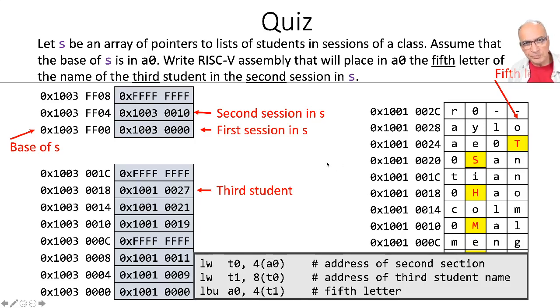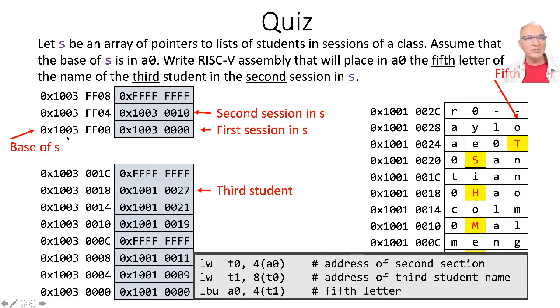This is just a quick exercise for you to understand how you can use the displacement to access different positions in the array. And in this case, because you start with a char star star star, to get to the character, you need 3 loads. And that is a good clue for you.